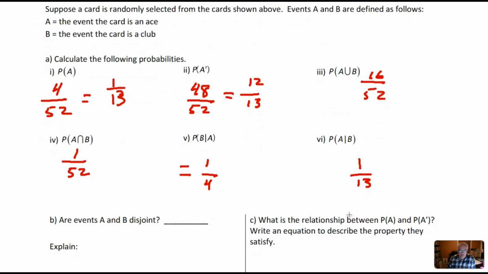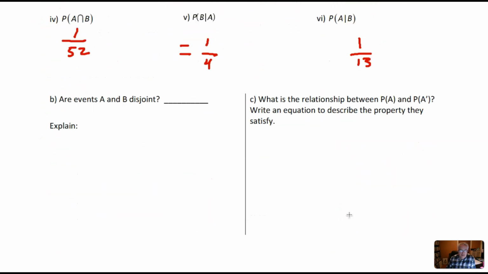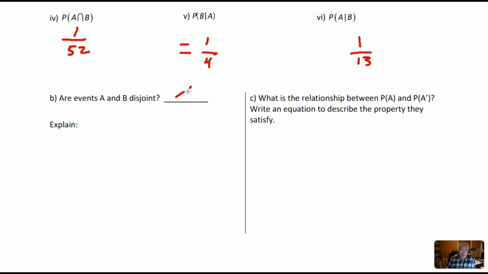All right. Well, it says, are A and B disjoint? The answer is no. So they have one card in common, which is the ace of clubs.